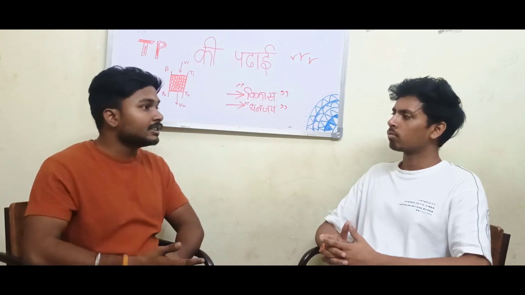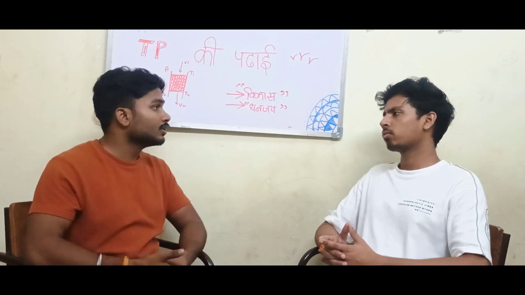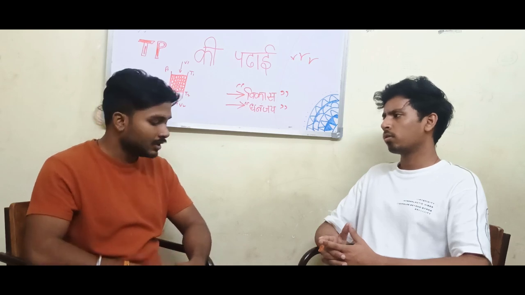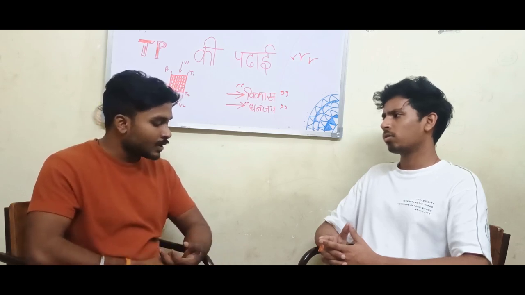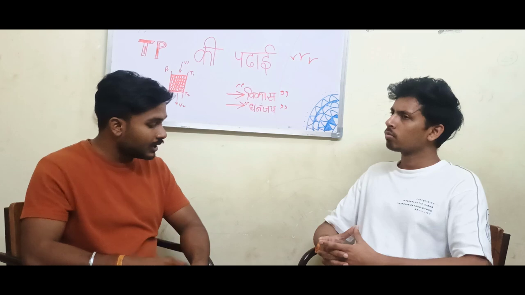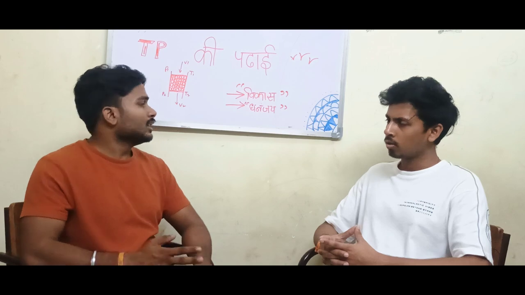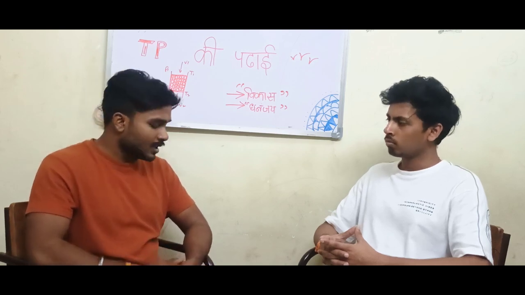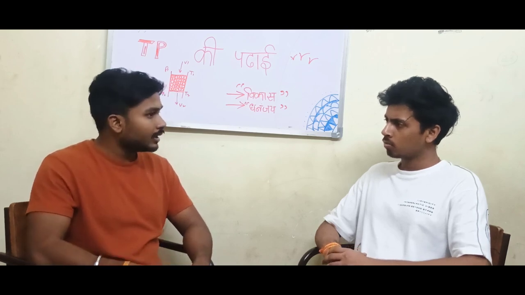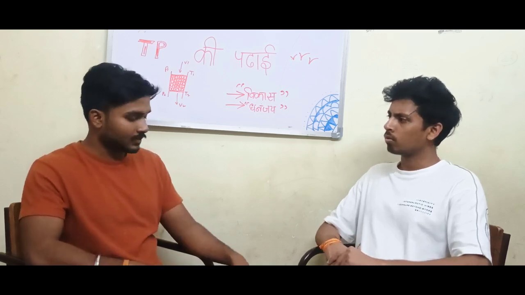Empirical relations are also there, with which you can determine it theoretically. There is a formula: Sherwood number equals A times Reynolds number to the power B times Schmidt number to the power C. A, B and C are constants that vary for different processes. You can put in the values of the Reynolds number and Schmidt number and easily get the mass transfer coefficient.